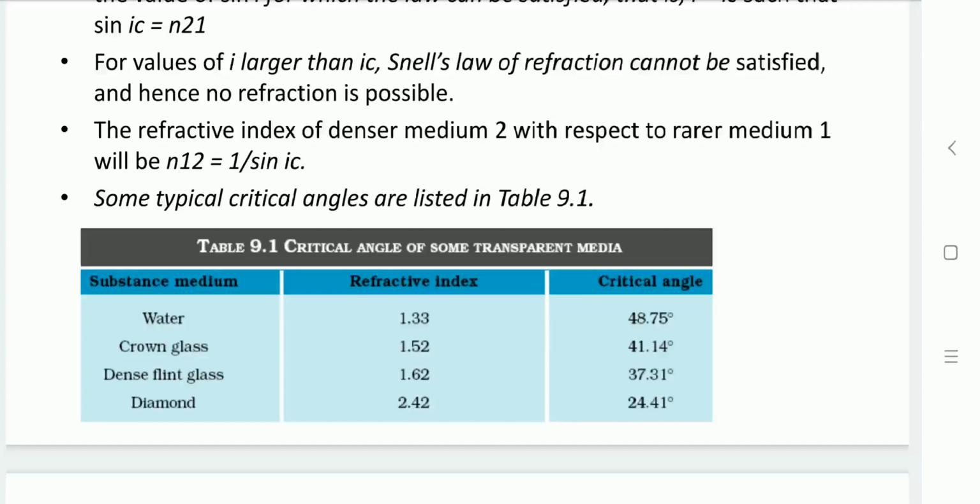Dense flint glass has a refractive index of 1.62 and its critical angle is 37.31. And diamond has a refractive index of 2.42 and a critical angle of 24.41. Different materials have different refractive indices and critical angles based on the property and optical density of the material.